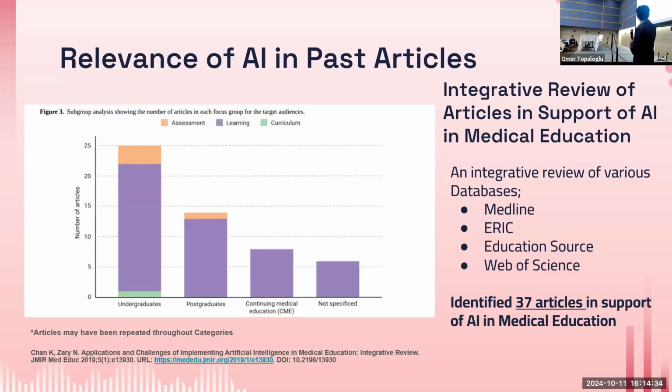Now, as you can see, the largest category is undergraduates, which shows that out of the 37 articles, most have a target audience of undergraduates. Now, if we were to extrapolate the data, we could assume that in high school, this number would increase.